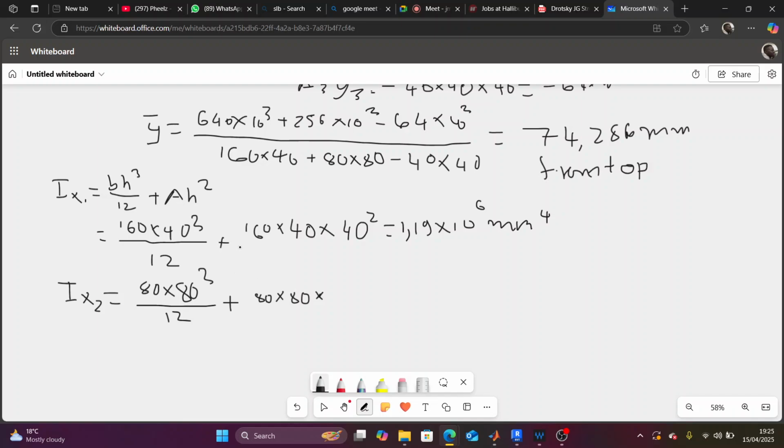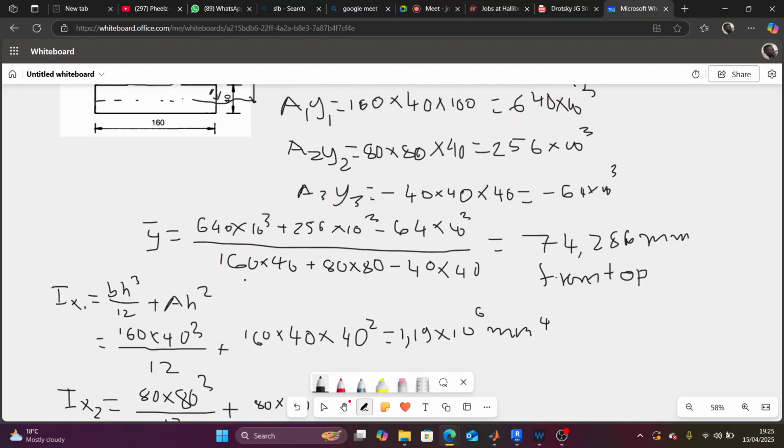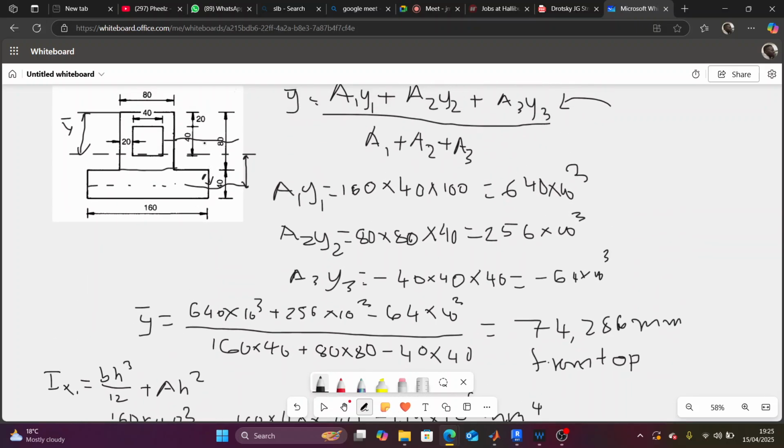Times, what do we have now? H. We are looking for H. H is the distance from the center of gravity to this one, squared. Now let's do our math. How can we get this? I think if we take y bar minus 40, can it give that?